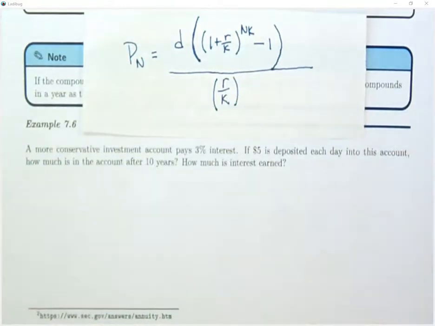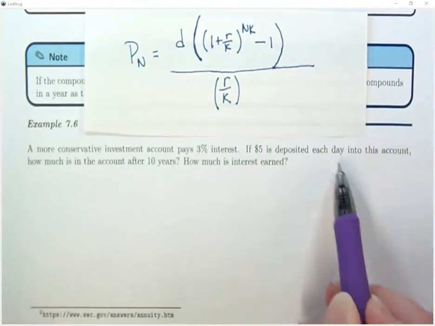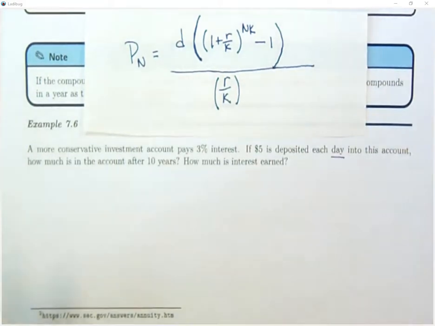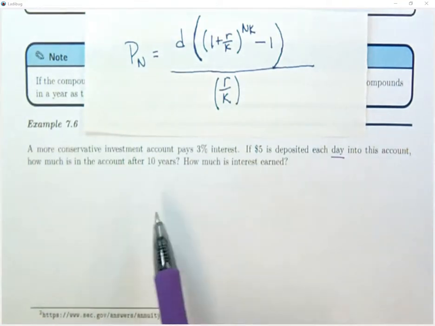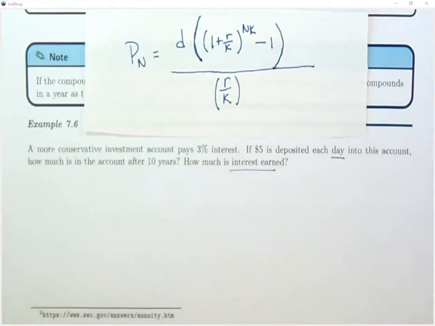So here we have a more conservative investment account pays 3% interest. If $5 is deposited each day into this account, how much is in the account after 10 years? How much is interest earned? And this is not just the I equals PRT version of simple interest.